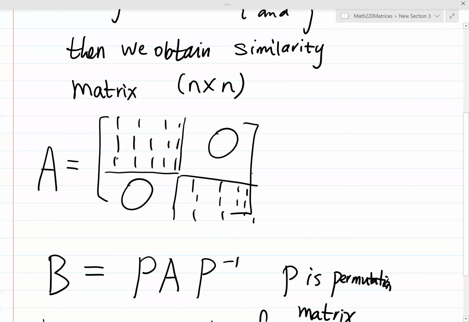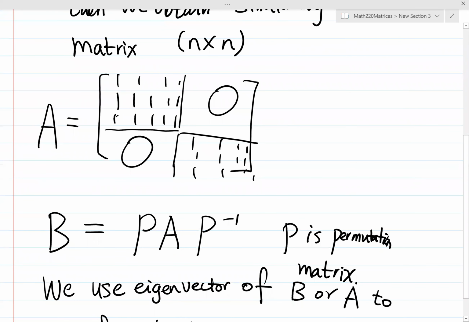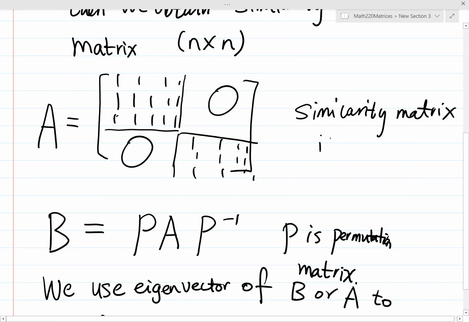So we already classified them. This is the ideal case, and we get the matrix A, the similarity matrix.